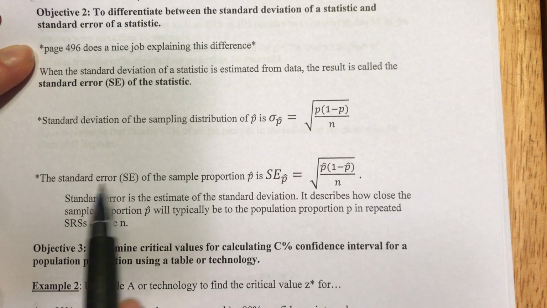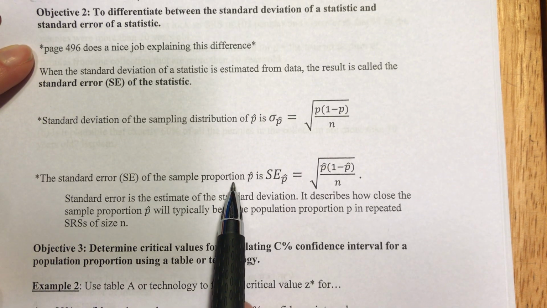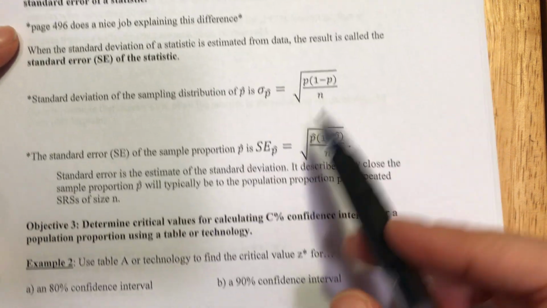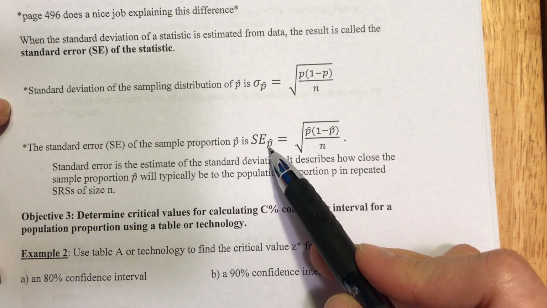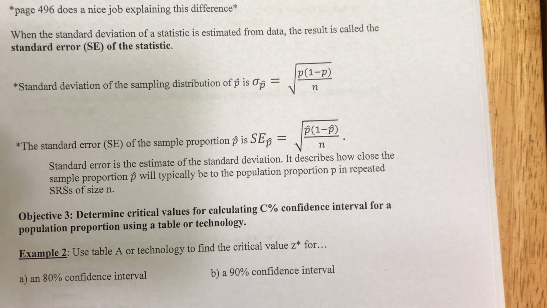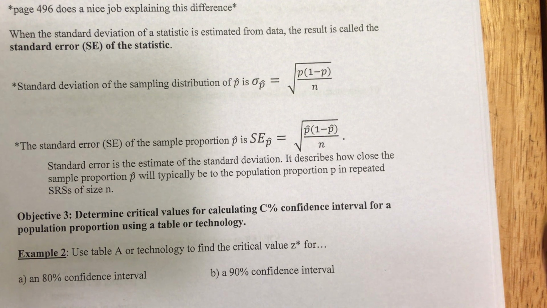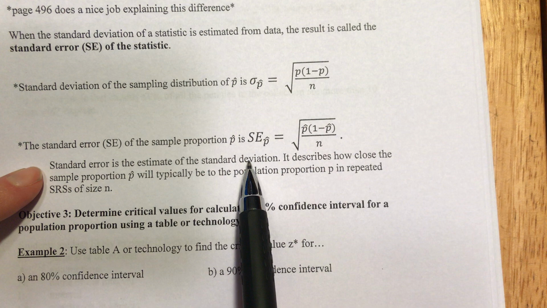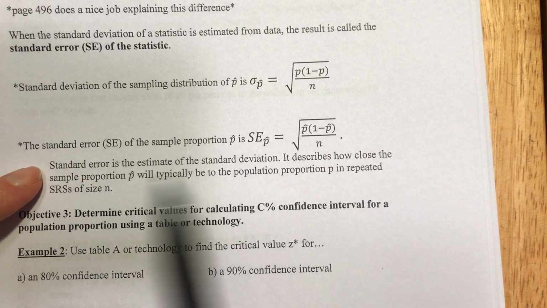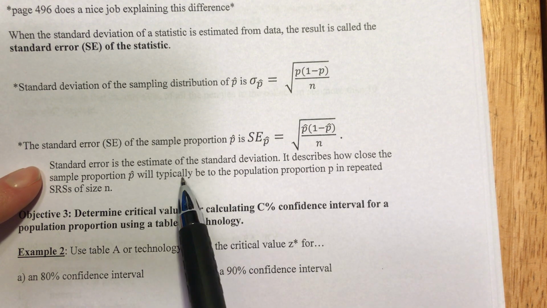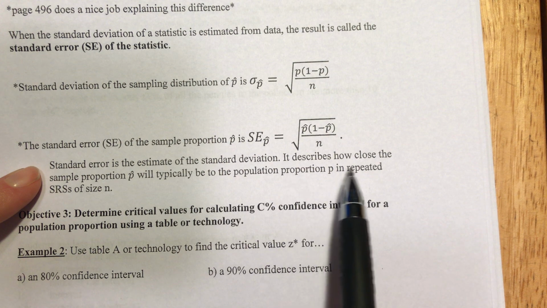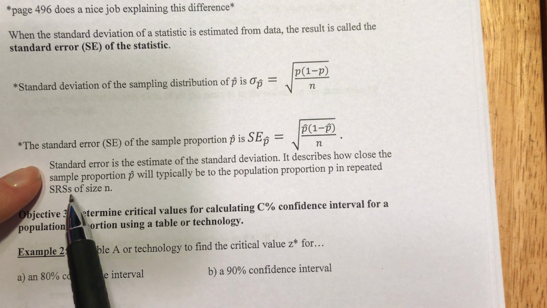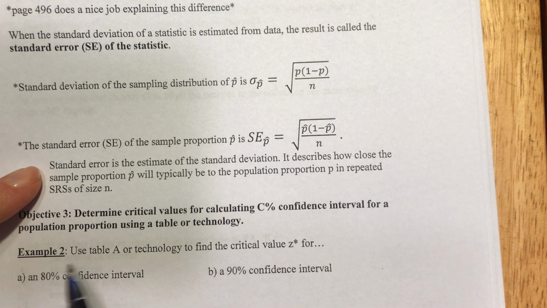The standard error of your sample proportion, we're going to call it SE of p hat. It works the same as a standard deviation. Your standard error is the estimate of the standard deviation. It describes how close the sample proportion p hat will typically be to the population proportion p in repeated simple random samples of size n.